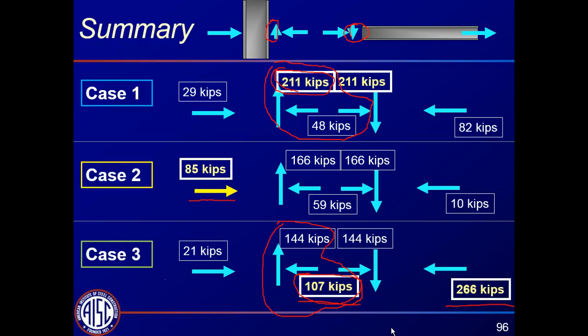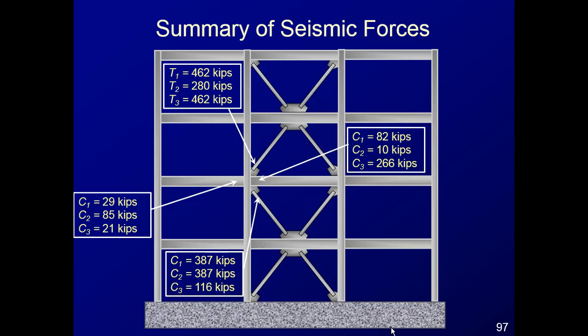But it's good to understand what the governing forces are. If we're communicating these forces to someone else to design these connections, we have 3 cases, and we really want to be communicating 3 sets of corresponding forces in each of these members to be applied at the connection.